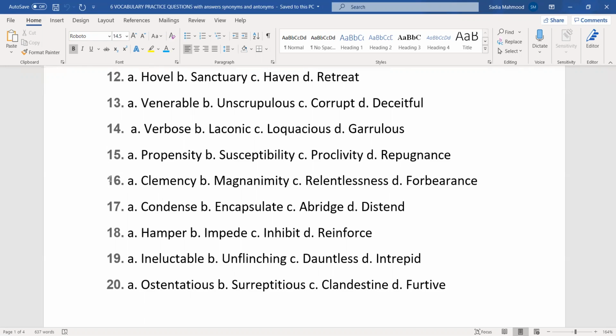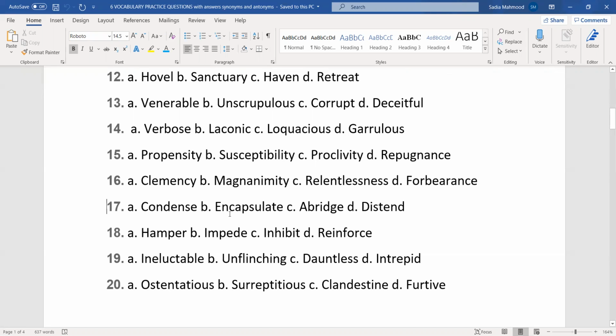Question number 16: option A, clemency. Option B, magnanimity. Option C, relentlessness. Option D, forbearance. Question number 17: option A, condense.